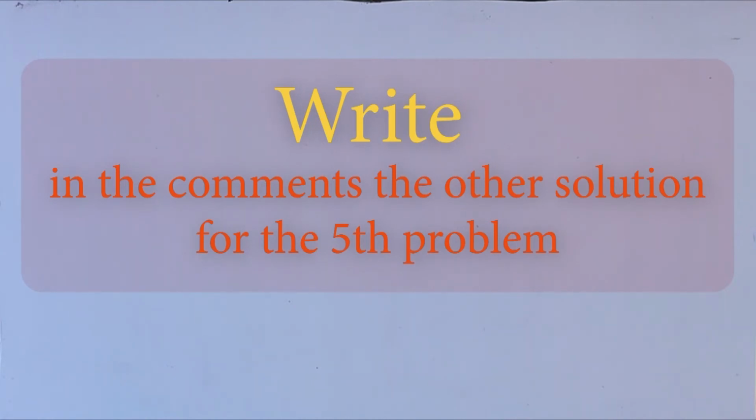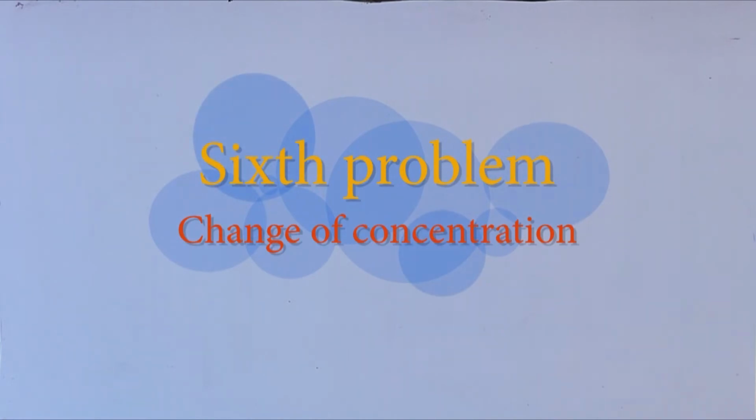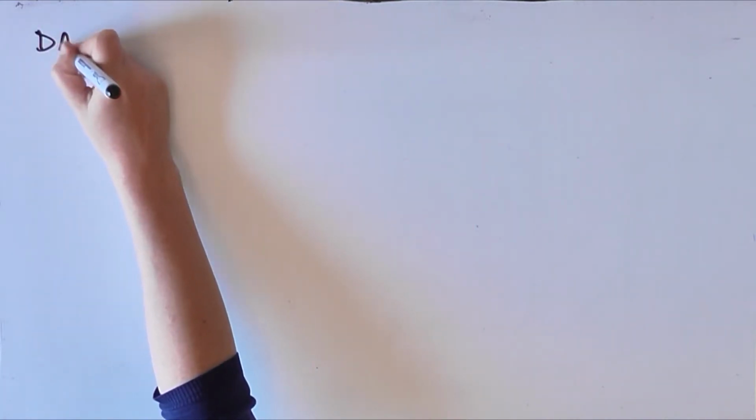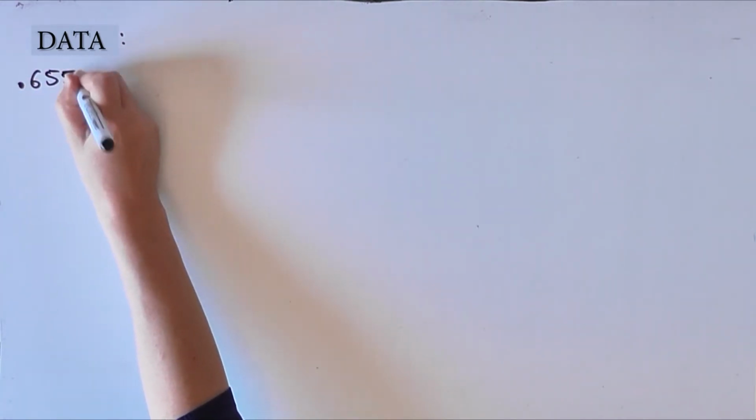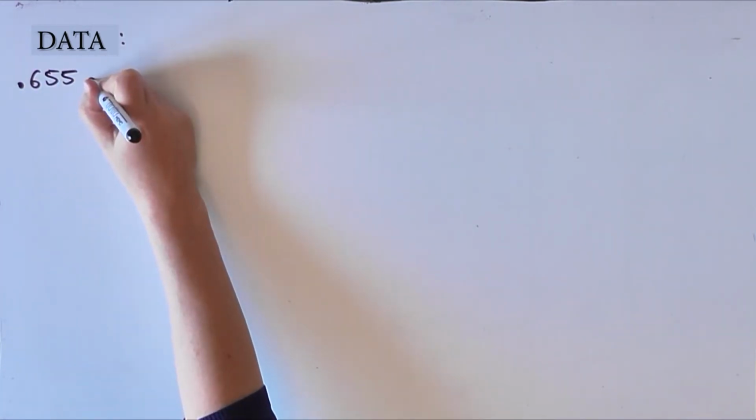Now, let's move on to the 6th problem, which is similar to the 5th one, but it concerns how to go from mass volume concentration to percentage by mass. Let's write the data. We have a solution of nitric acid, which is 6.55 grams per liter.